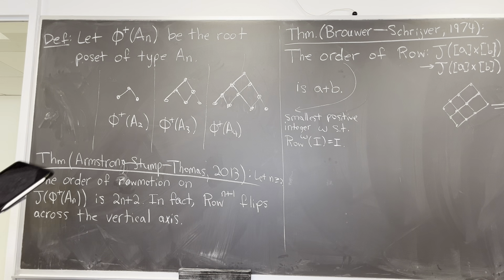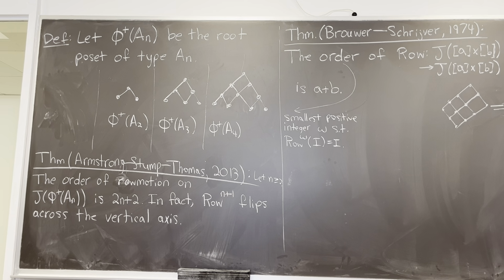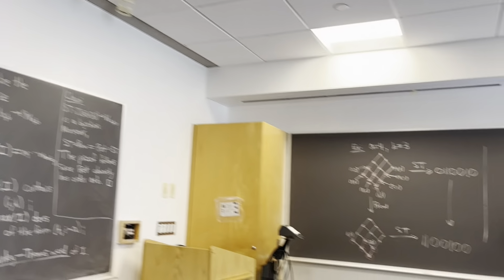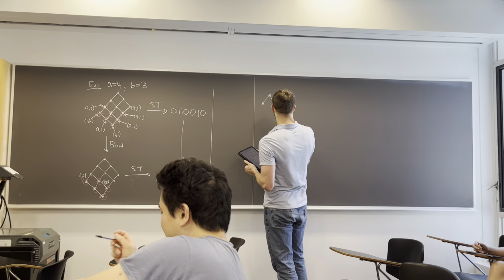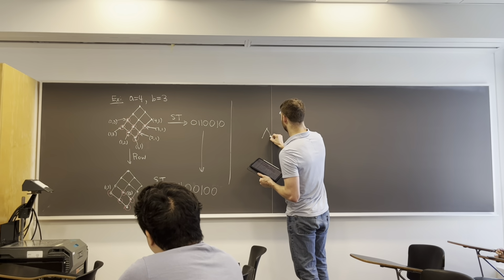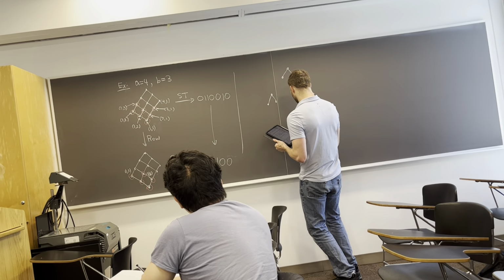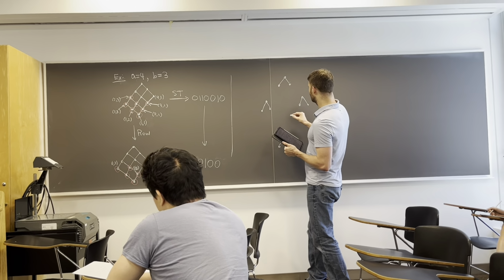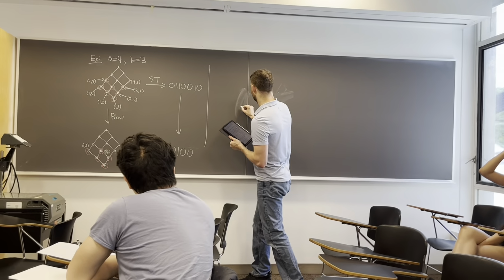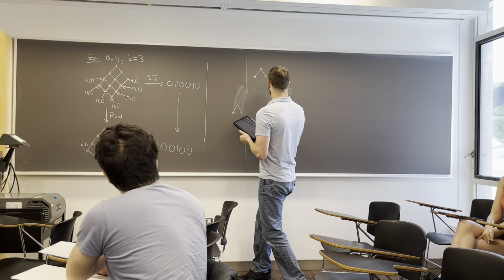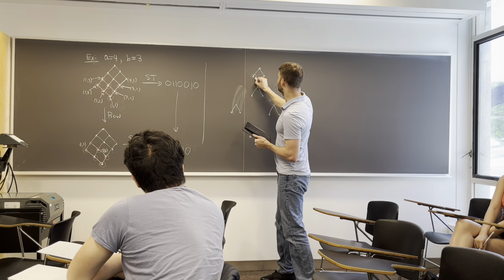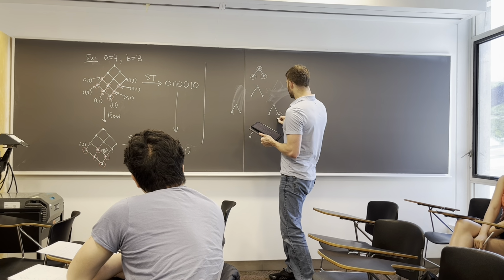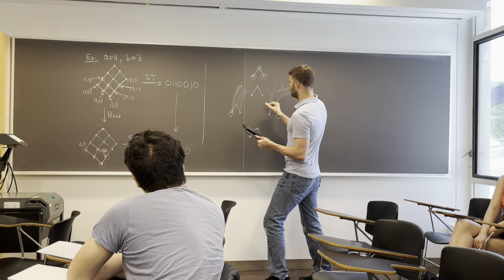Let me draw all of the orbits for that. There's the empty order ideal, and then there's the full order ideal, which has everything, and then there's this one, and this one, and this one.